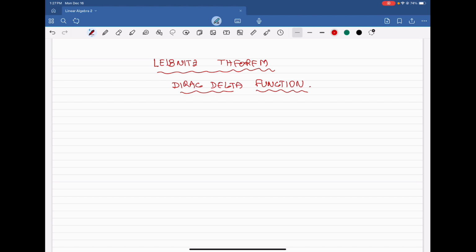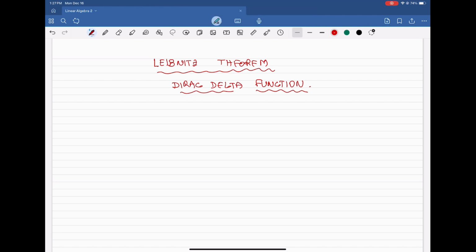In the wider range, they may ask a small definition or a very simple problem on the Dirac delta function, because they have given the step function here, probability. In probability, we can expect a small question on the Dirac delta function in future examinations.